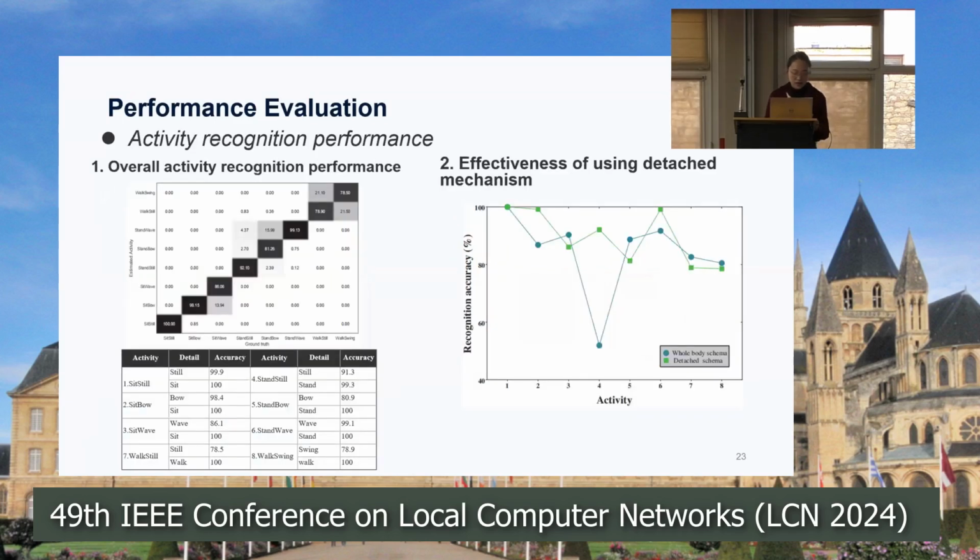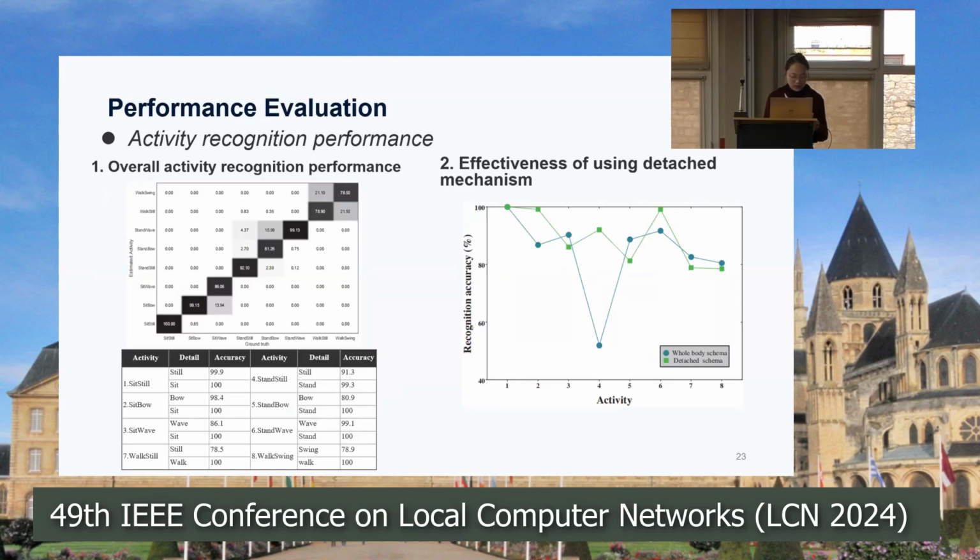Next, we evaluate the accuracy of RF-AcSense on activity recognition with our detached mechanism and the deep learning network. The confusion matrix presents the detailed results of the upper and lower limbs of each activity. It can be concluded that our system can achieve desirable activity recognition accuracy.